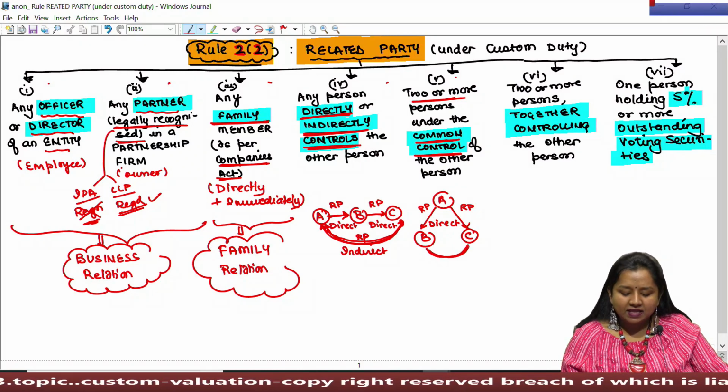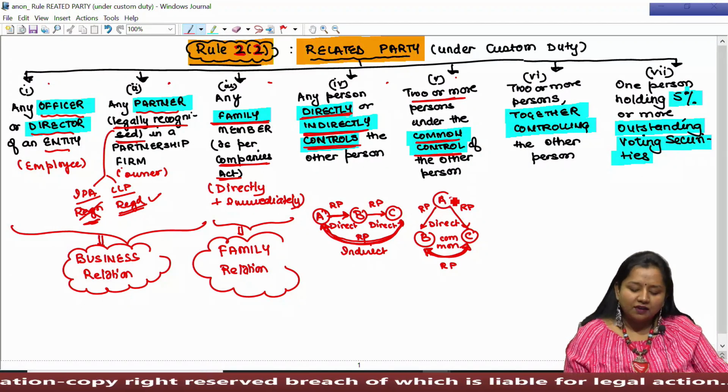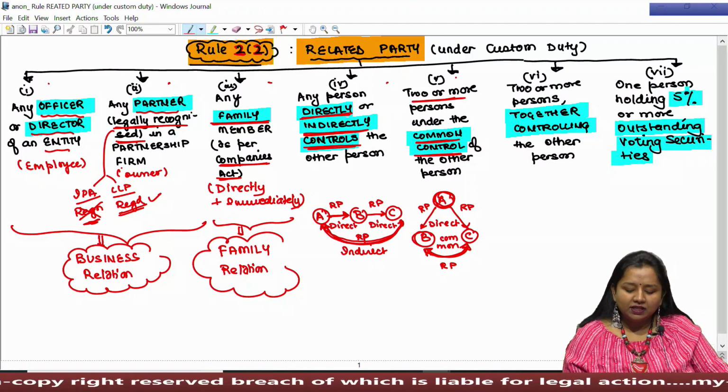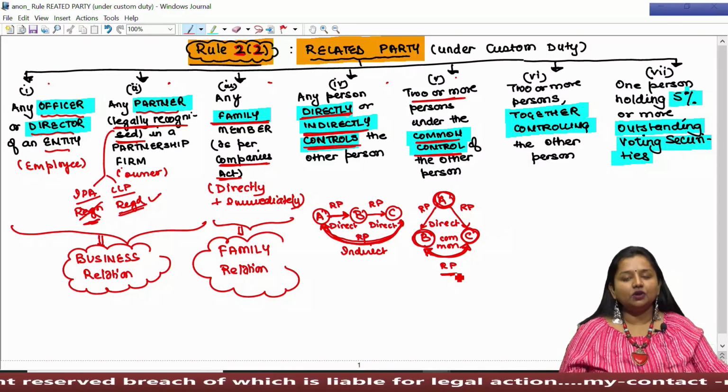As well as B and C shall also be treated as related party because they are under common control.